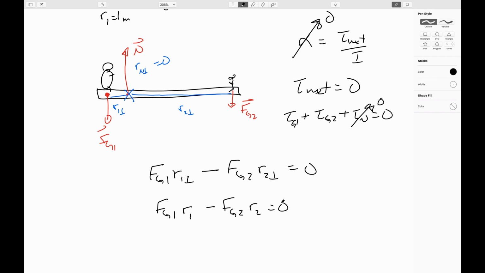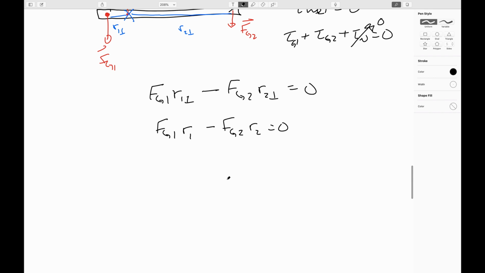All right. So we can go ahead and solve this for R2. So add that to both sides and then divide by Fg2, which is going to give me Fg1 over Fg2 times R1. So this will be M1G over M2G times R1. Cancel, cancel. Hey, isn't that interesting?